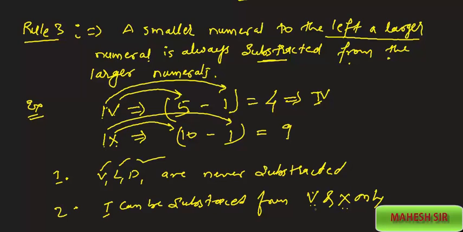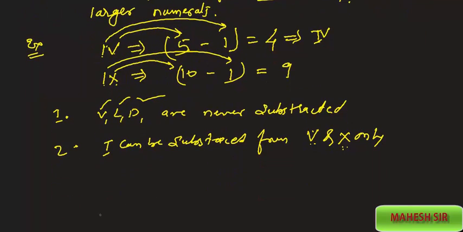Okay, so to understand this precaution, I am taking one example. Look here. If I am writing XL, this L is standing for number 50 and X standing for number 10, and because X is on the left side, therefore I am subtracting here, so it becomes number 40.